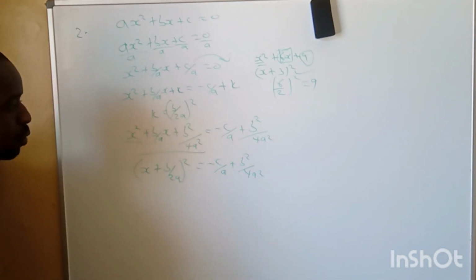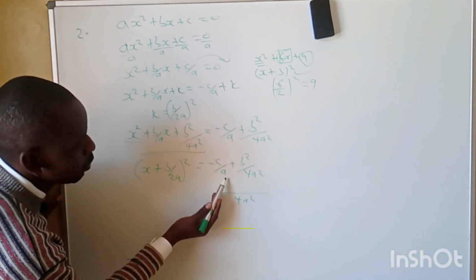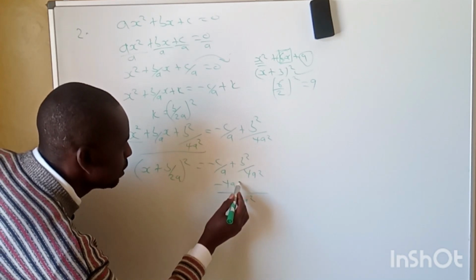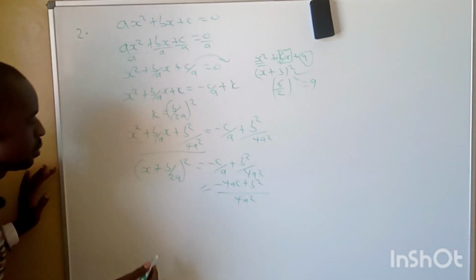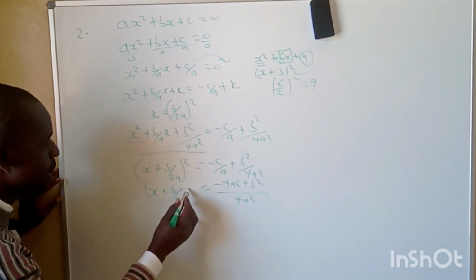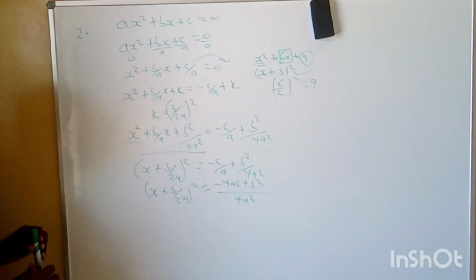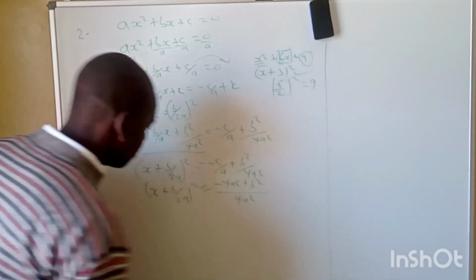So can we combine that? What is the LCM? It is 4a squared. A goes there, 4a, so we get minus 4ac plus b squared is equal to x plus b over 2a squared. So for you to remove the square sign, you get the square root of both sides.